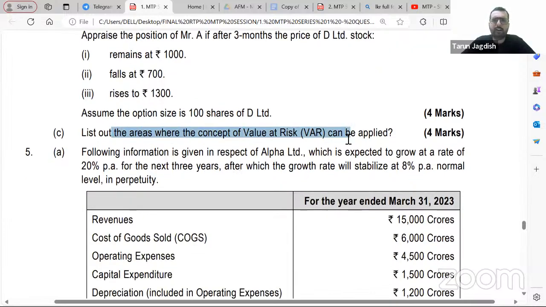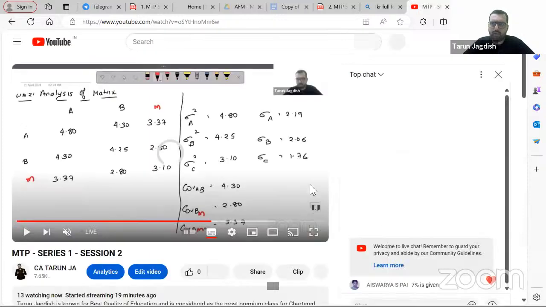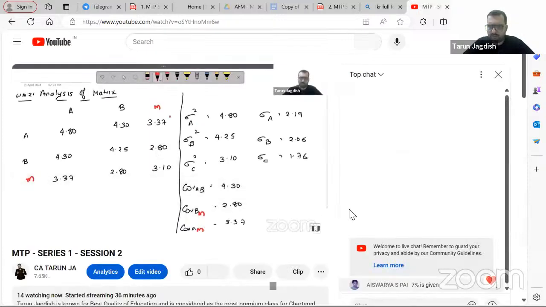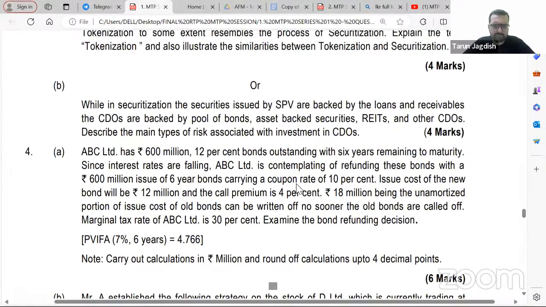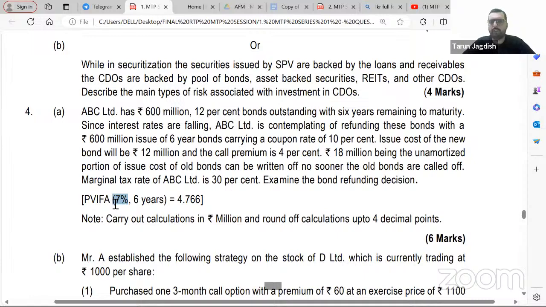Question number C is a theory problem. Value at risk. Friends, we have already learned the theory for value at risk. VAR will give you how much is the maximum loss that you will be having in one day. Correct? All right. Online students, I believe all are clear. Okay, 7% is given in that question, is it? Oh, it's already given here. PVF is given.